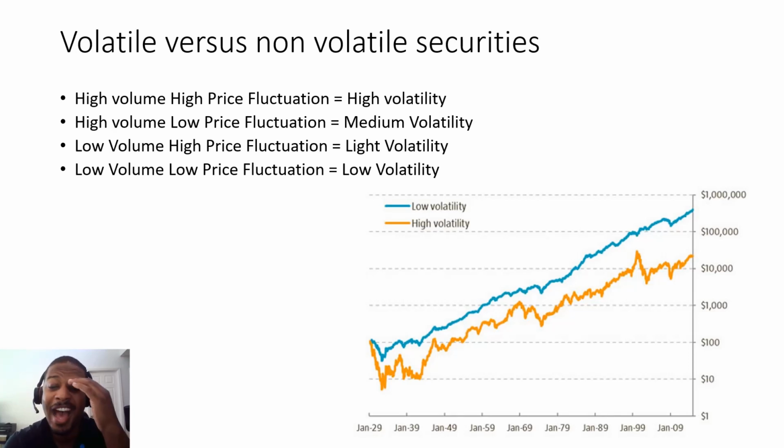Okay, how does this happen? It could be a number of different things. Volatility happens when there's a new catalyst coming out for a product or security. It could be some approval for a company to pass some type of FDA regulation.